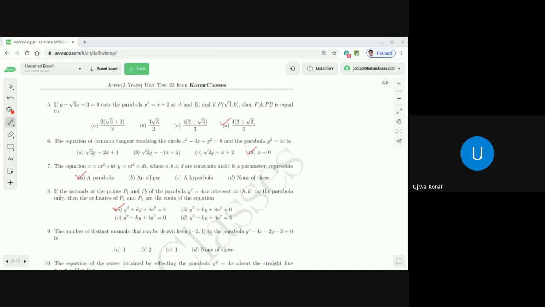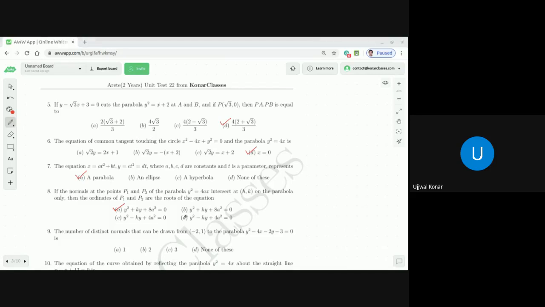If the normals at two parametric points intersect at a point which is on the parabola, then t1 t2 has to be equal to 2. Now, what is the generic equation of a normal to the parabola y square equal to 4ax? At any parametric point t1 it is y equal to minus t1 x plus 2at1 plus at1 cube.